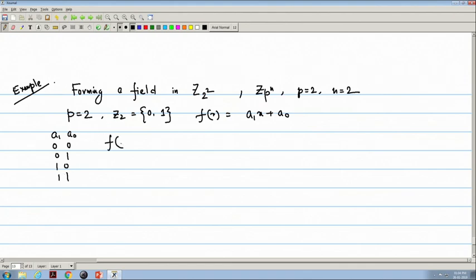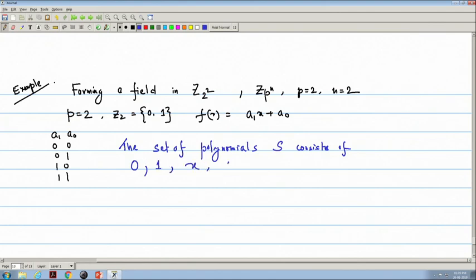So, the set of polynomials S consists of the polynomials 0 0 meaning 0, then 0 1 which is 1, then x and 1 plus x.